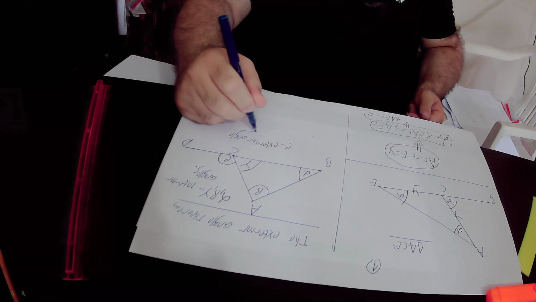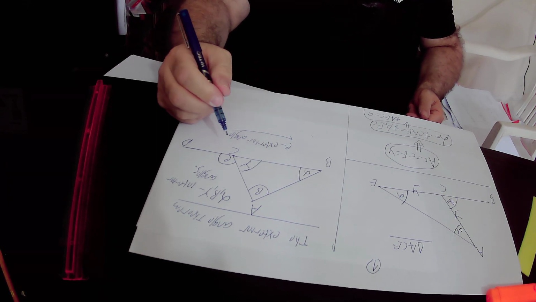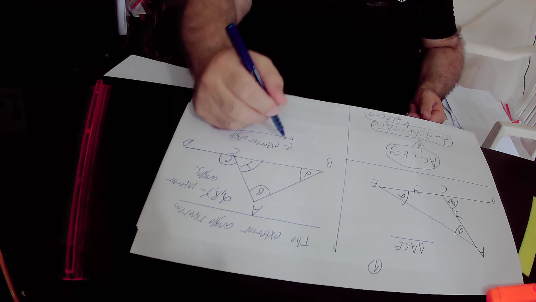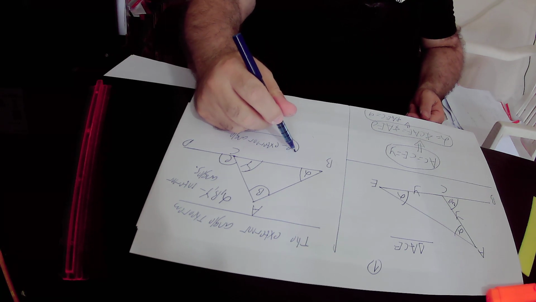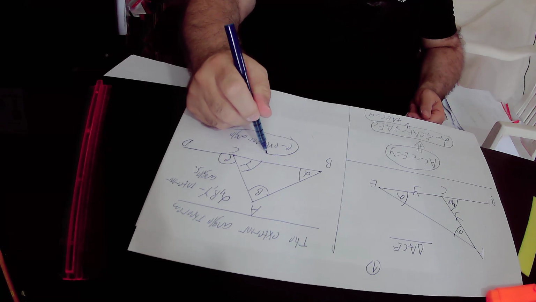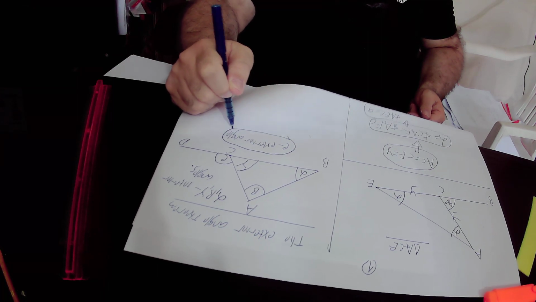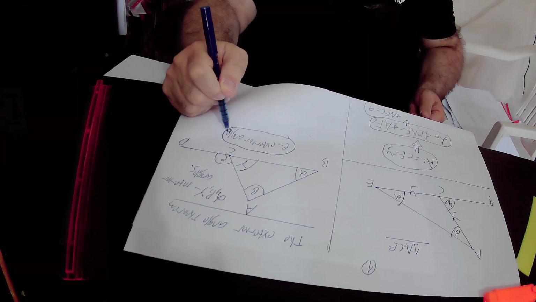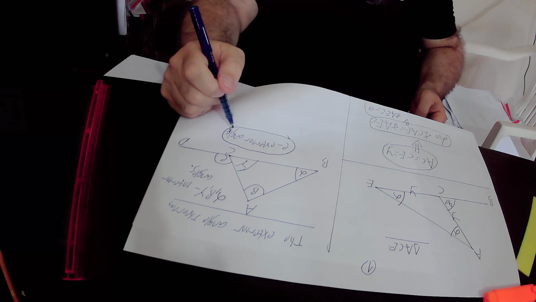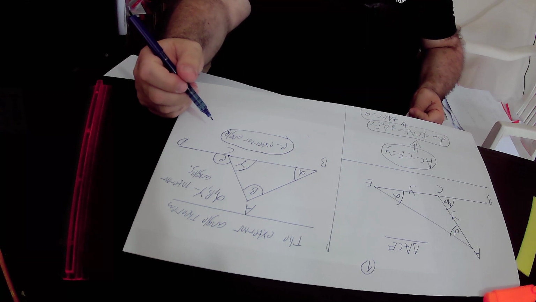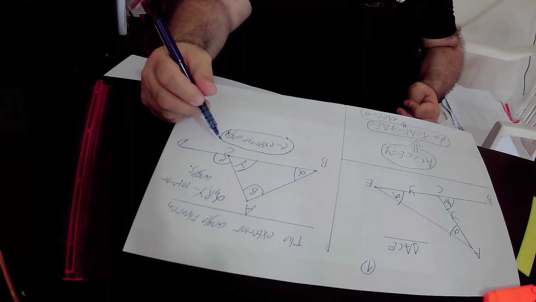Why is angle E an exterior angle? Because it is located outside triangle ABC, while angles alpha, beta, and gamma are located inside triangle ABC. This is the logic behind the names of the angles.